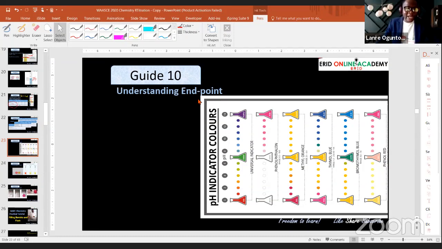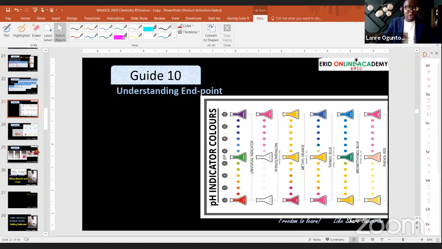So what is endpoint? Endpoint is a neutralization point. It is a point at which all the volume of acid has neutralized the base.